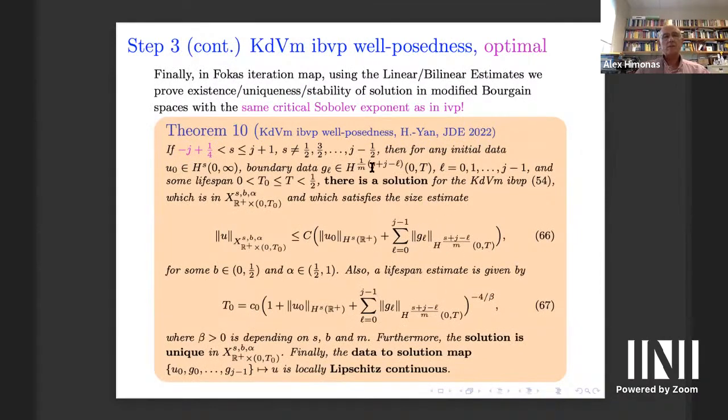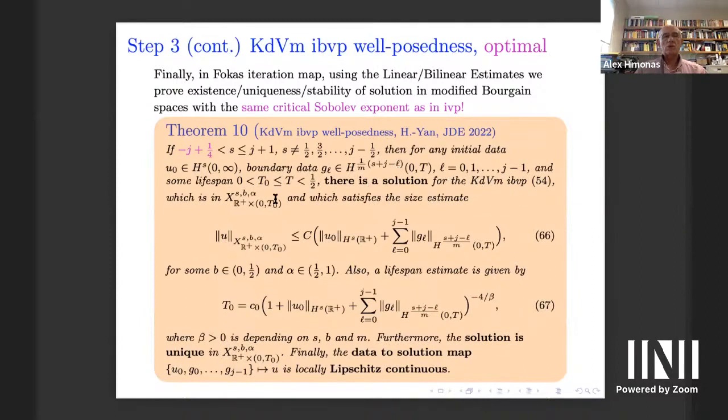That's what it says. If you have S bigger than this optimal Sobolev well-posedness index, and S avoids certain values that are known, and the data are in the correct spaces, so it says the initial data and the boundary data, the ones suggested by the time regularity, then there is a unique solution.